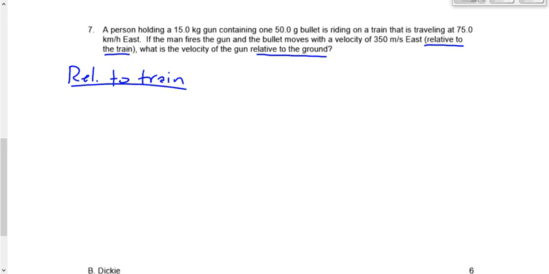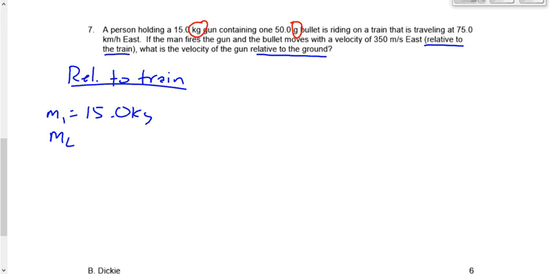Okay, we have a mass of a gun. It's 15.0 kilograms. We also have a mass of a bullet. I should have circled that, actually. Does it really matter whether you use grams or kilograms? It does and it doesn't. I could use either one, but I've got to be consistent, right? So that the units cancel.